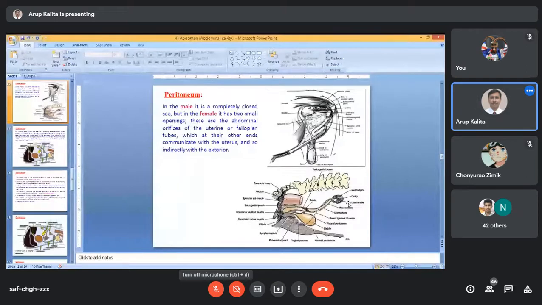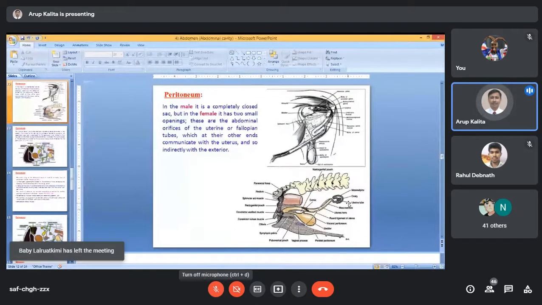Yes, sir. So there is a vaginal or vulvar opening in the female, which means there is a hole, a tubular structure that goes up to the fallopian tube, and the fallopian tube is present in the abdominal cavity. That means there is an opening of the abdominal cavity to the outer environment in the female.